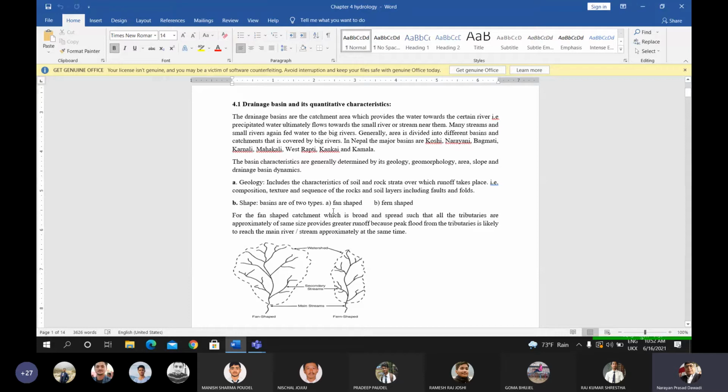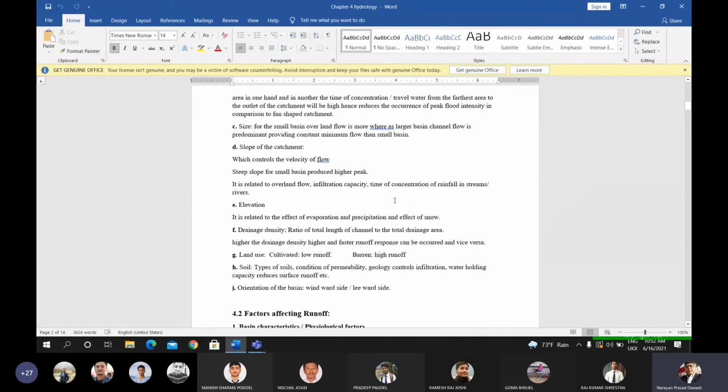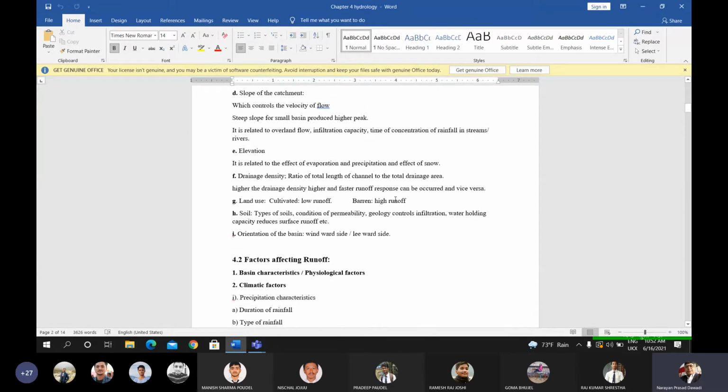One is climatic factor and the other is physiographic factor. The drainage basin characteristics are the physiographic factors: shape, slope of the catchment, elevation, drainage density, land use, soil type, orientation of the basin, etc.